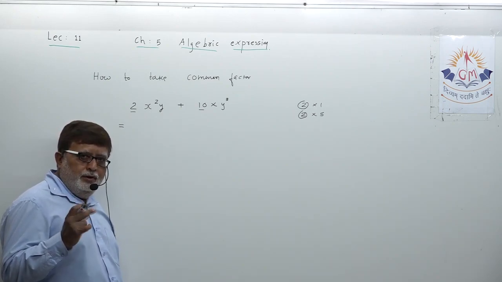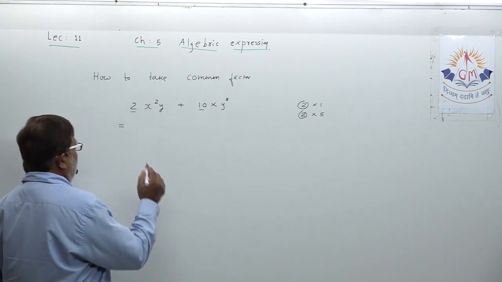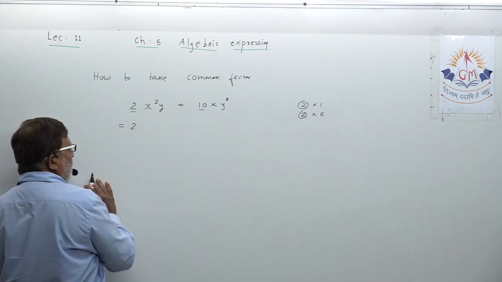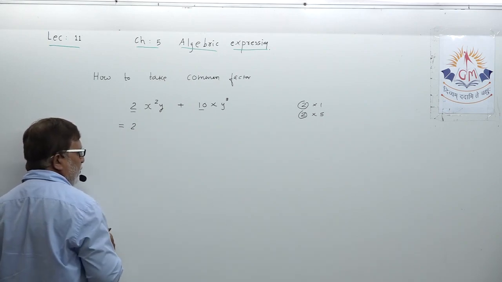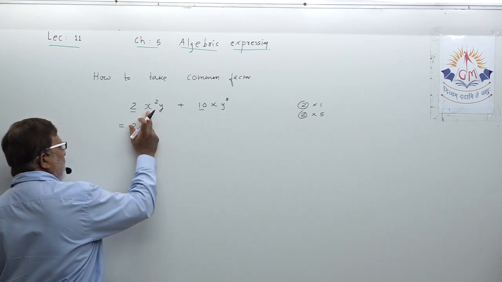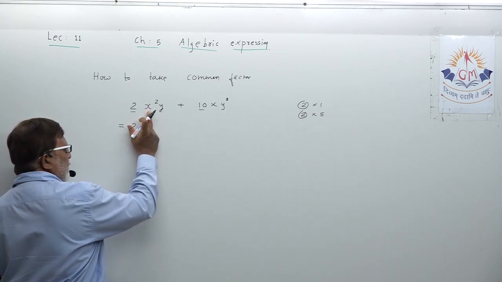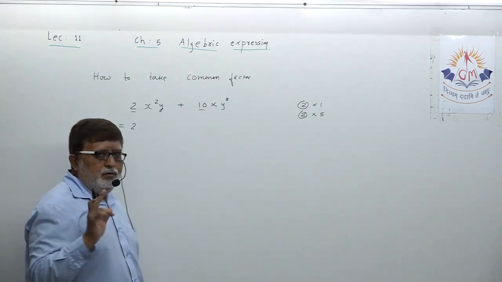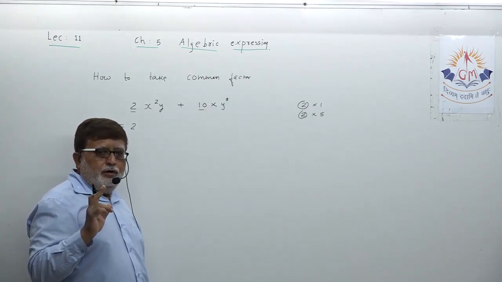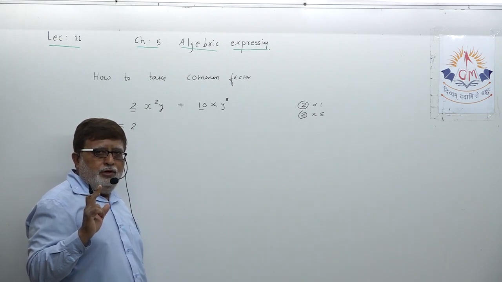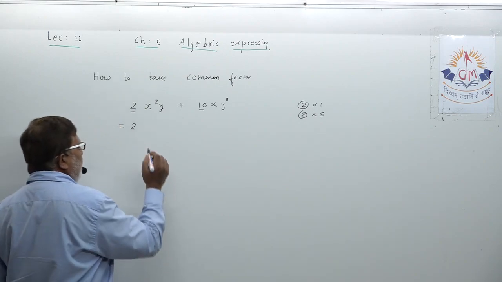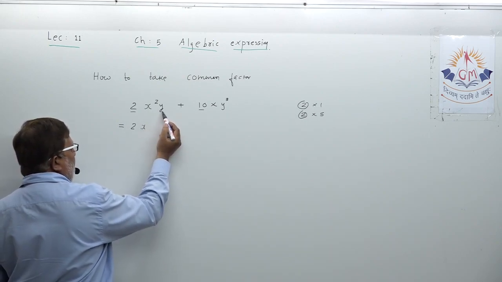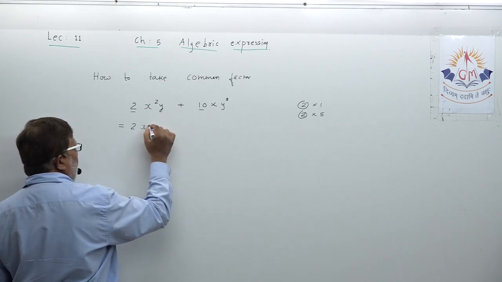From 2 and 10, we are taking out 2 common. As far as variables are concerned, here x square, here x. When you take out common, the minimum power of the variable, so x common. From y and y cube, y common.